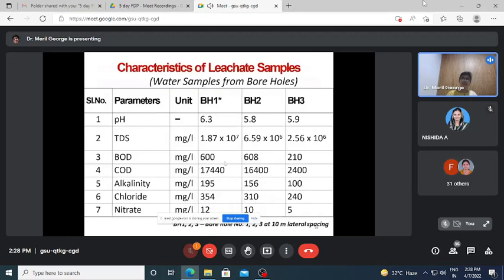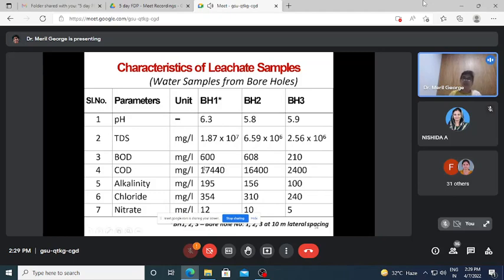So after analyzing, this is the chemical characteristics of the leachate sample obtained from the boreholes.